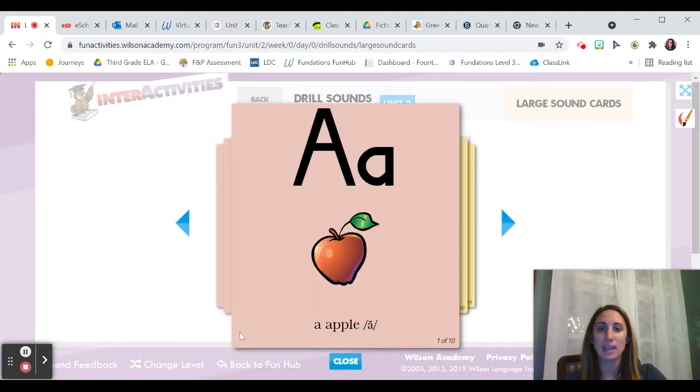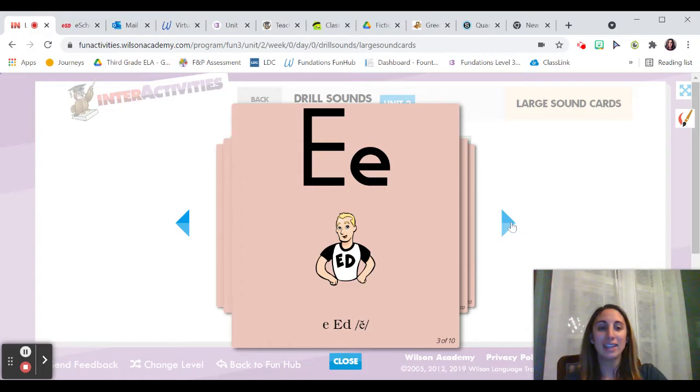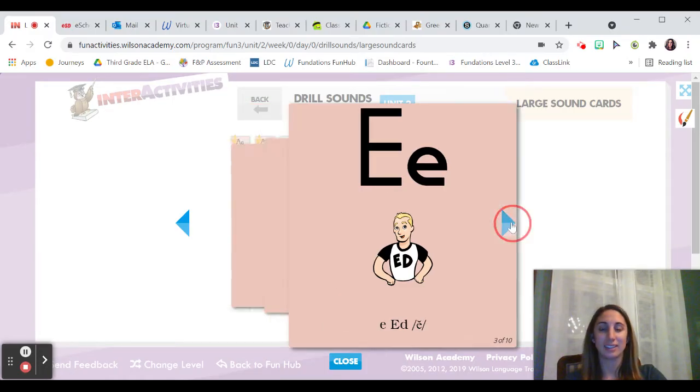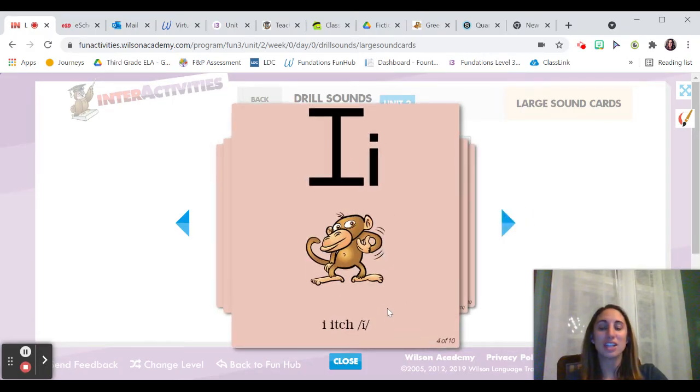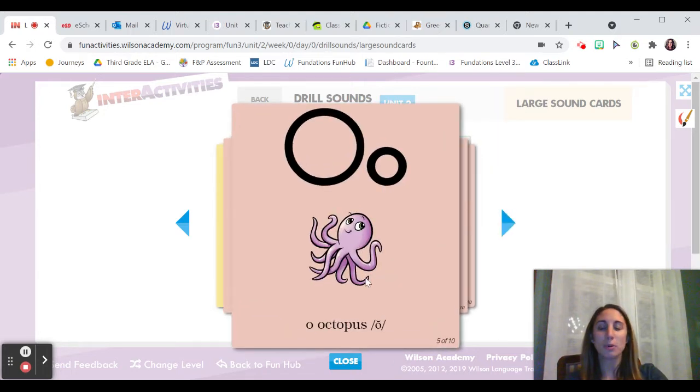Let's get started right away with our drill sounds warm up. Ready to repeat? A, apple, ah. A, squash, ah. A, wash, ah. E, ed, eh. I, itch, i. O, octopus, ah.